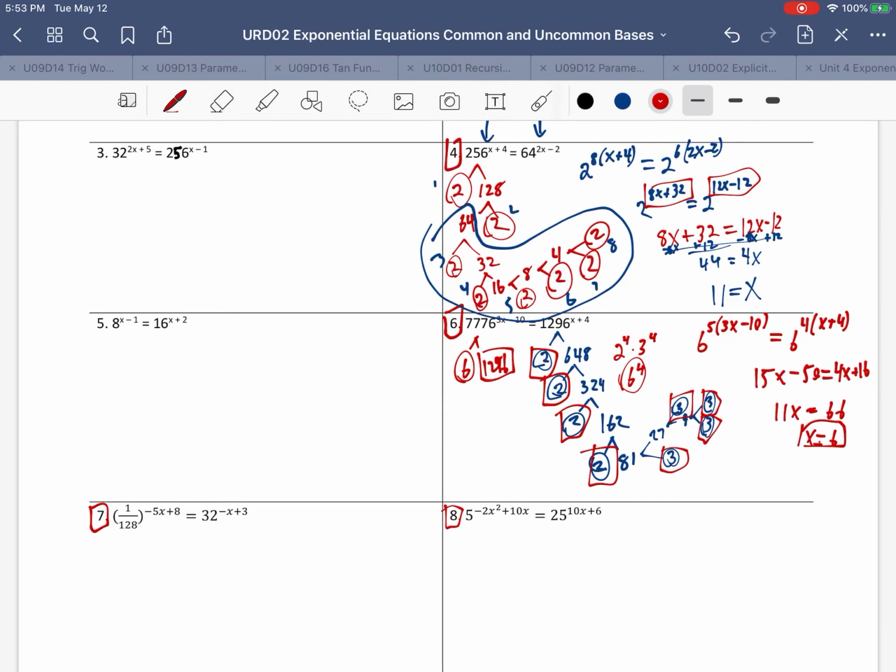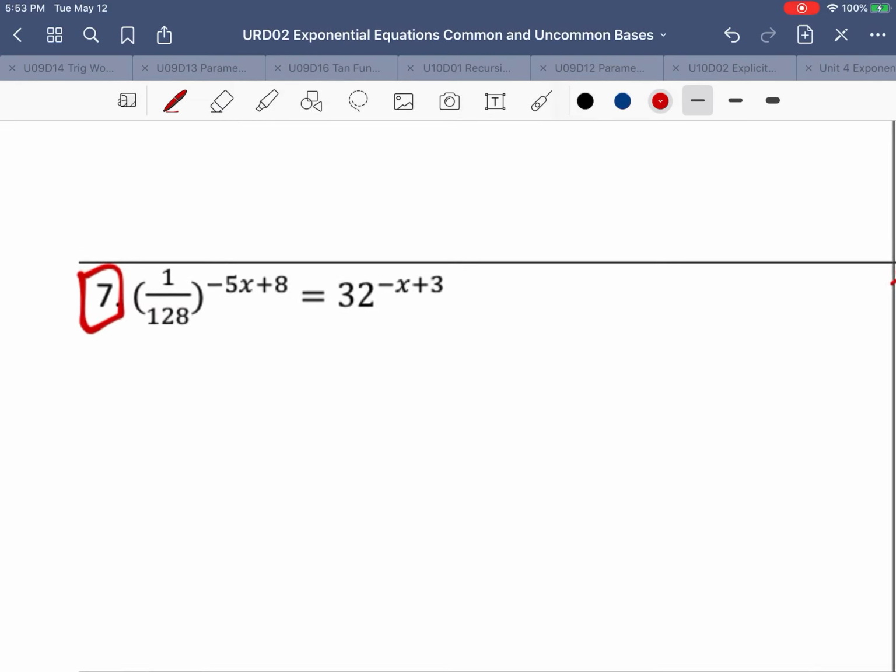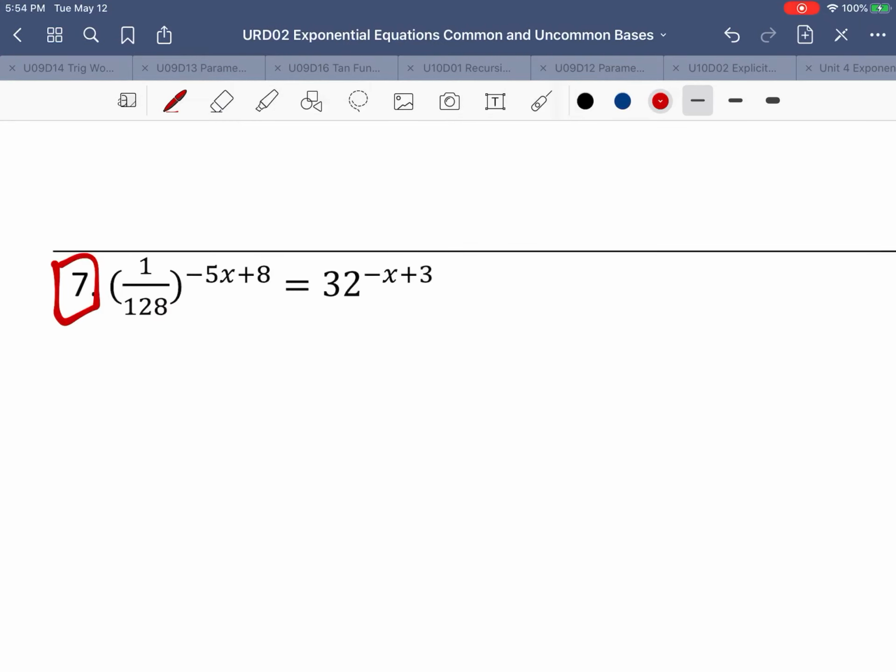All right. Just going to go over 2 more problems, and then the rest are going to be yours to try. Number 7 works exactly the same. It's just that this particular one, as you'll notice, it's 1 over 128. That just means that the exponent is negative. So they're both powers of 2. 128 is 2 times 2 is 4, times 2 is 8, times 2 is 16, times 2 is 32, so that's going to be 2 to the 5th.